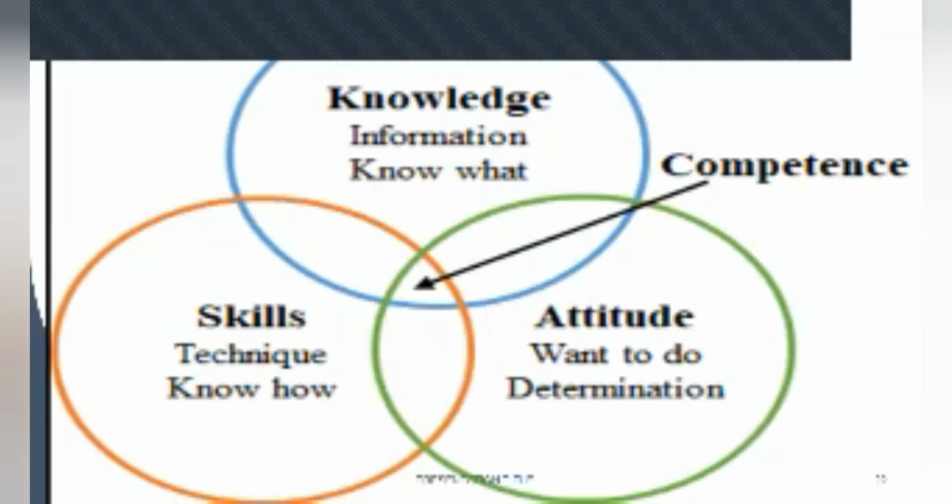Attitude, that is want to do. That is the determination. So these are the 3 dimensions of competence. All 3 together will help to develop competence: knowledge, skills, and attitude.